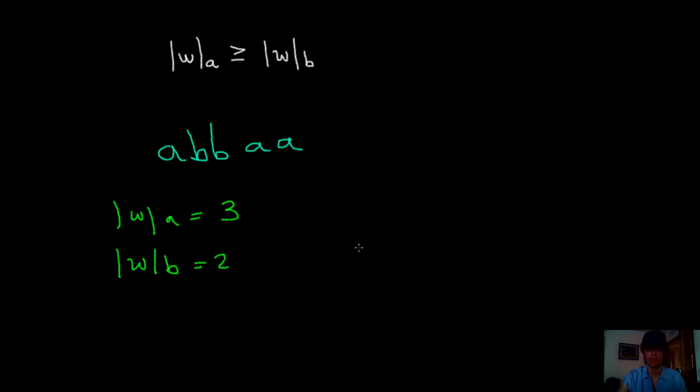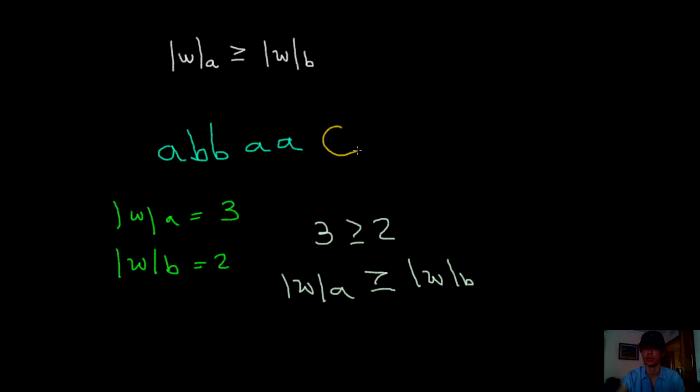Since 3 is greater or equal than 2, which is basically saying that the number of A's is greater or equal than the number of B's, the condition is met. And since this condition is verified, we can conclude that this word belongs to this language. So it is an accepting word.